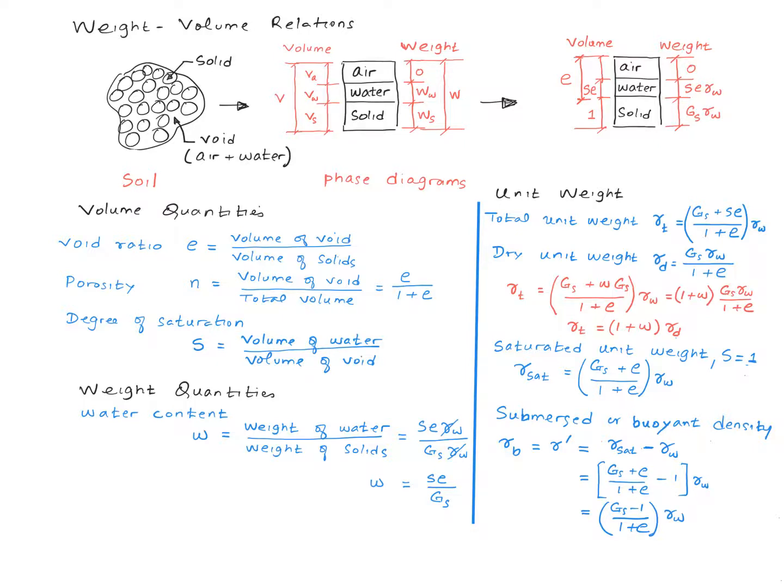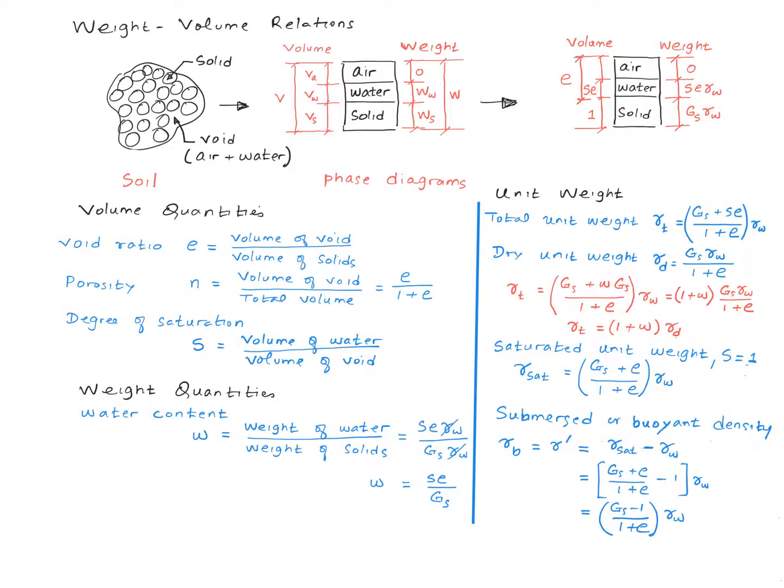Let me also point out that the void ratio can be greater than 1, whereas porosity cannot be. So let's look at the definition of porosity one more time. The porosity is defined as the volume of void divided by the total volume, right? So let's consider a case where the void expands and fills the whole volume.